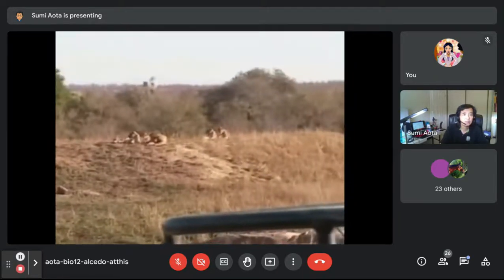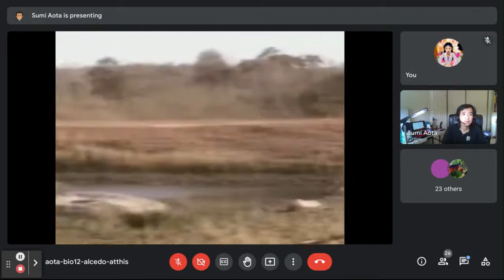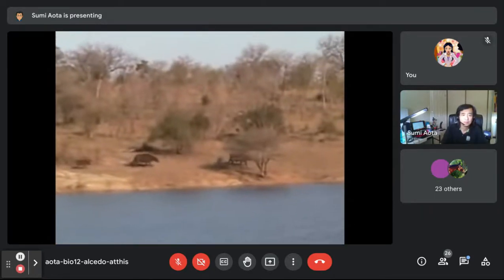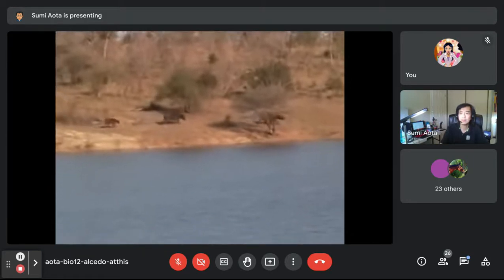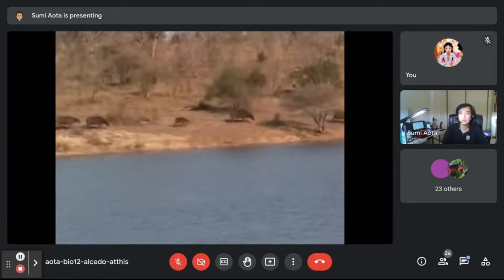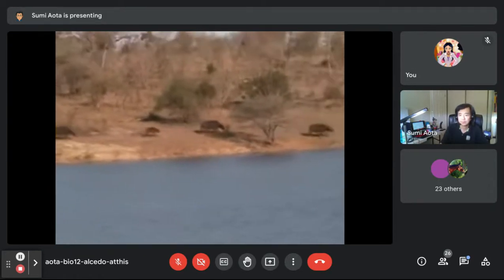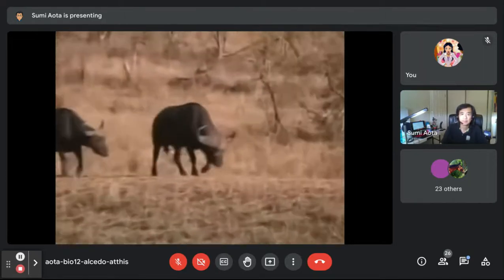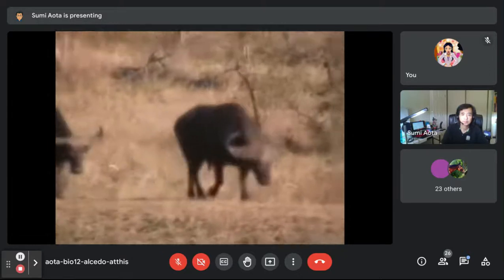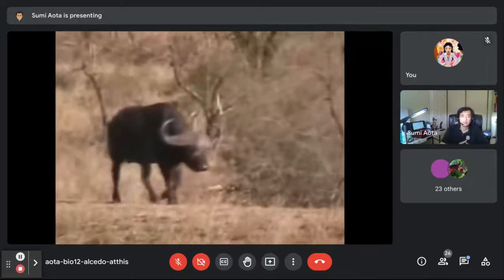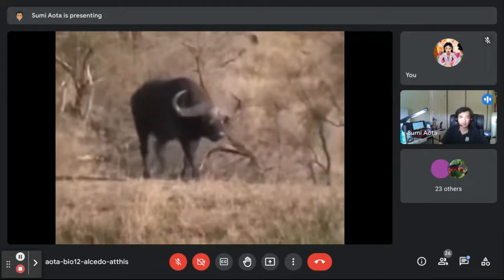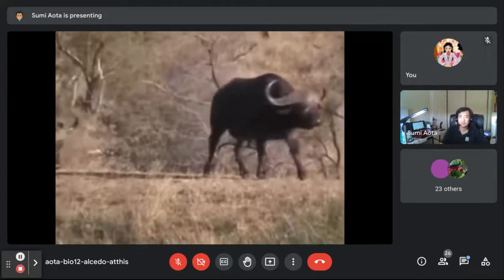Very intently watching the buffalo who are moving right over there. This could be very interesting. I assume you can see this. That is a huge buffalo.